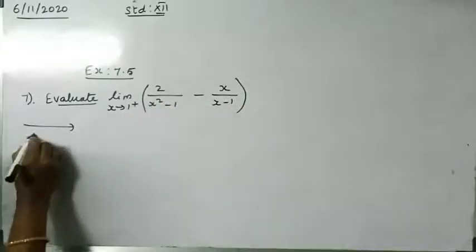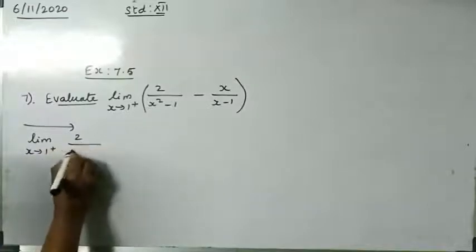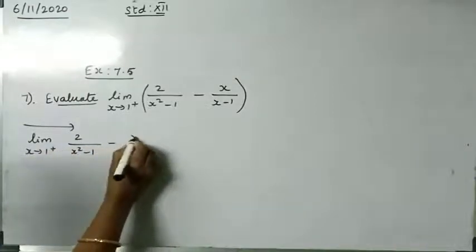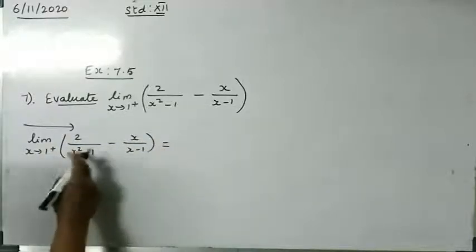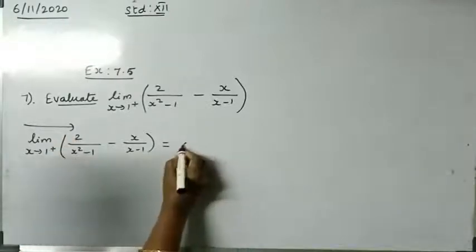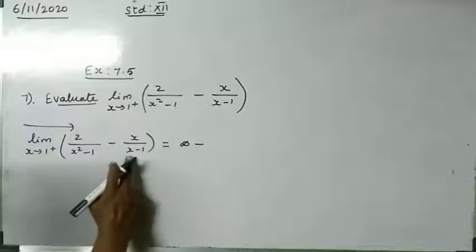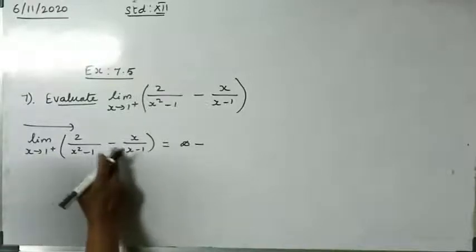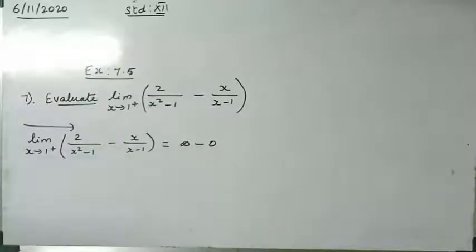Now if I substitute the limit 1, 1 minus 1 is 0, so 2 by 0 is infinity, minus x by x minus 1, which is 0 by minus 1. 0 by anything is 0. So it is infinity minus 0 form.